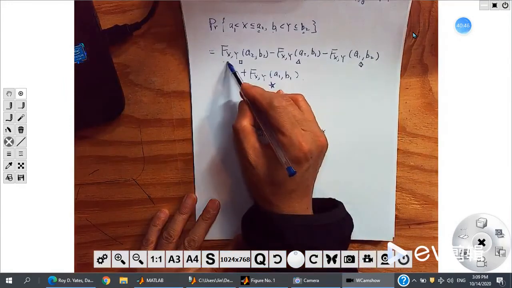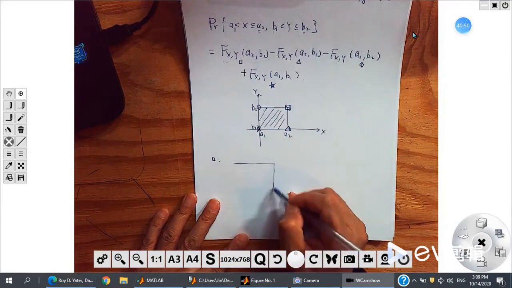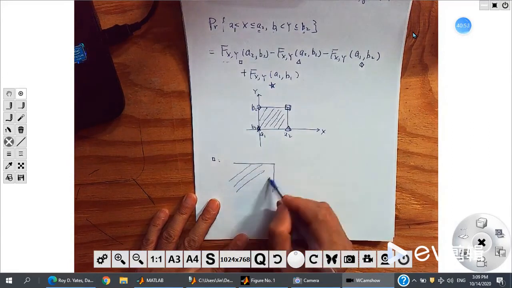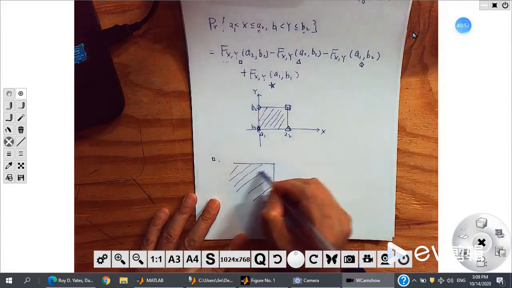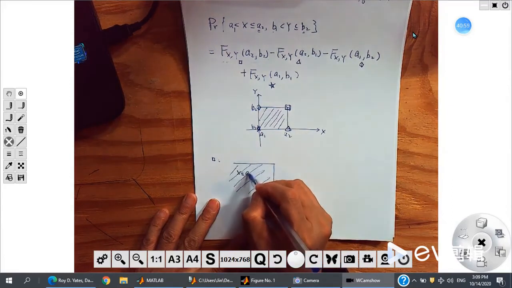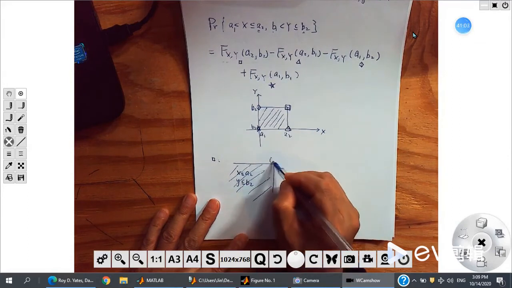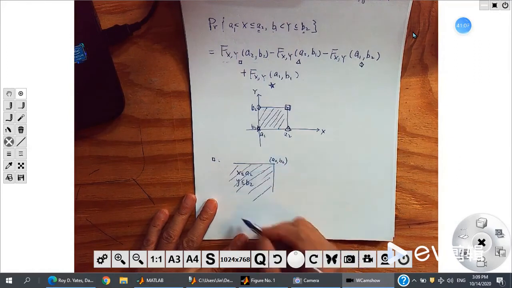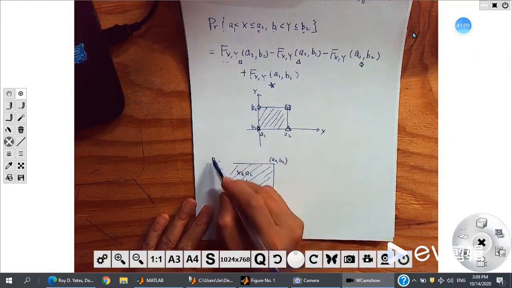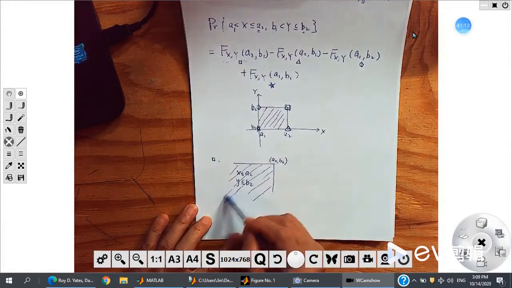For this rectangle, actually it is the probability of all of these, right? It is X smaller than A2 and Y smaller than B2. Here's A2, B2. So the rectangle term is just this probability. So here it needs to go to infinity, right?